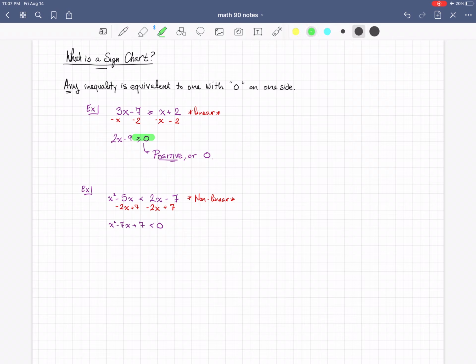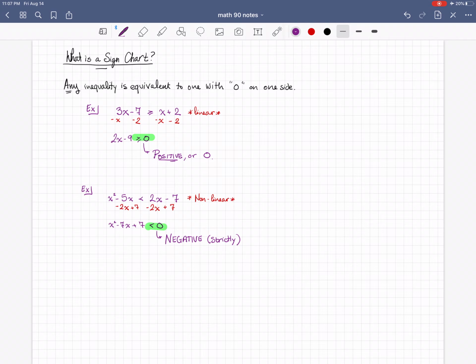What I want you to notice in this case is that less than 0 means negative. And in fact, strictly negative, since this is a strict inequality, it's not less than or equal.